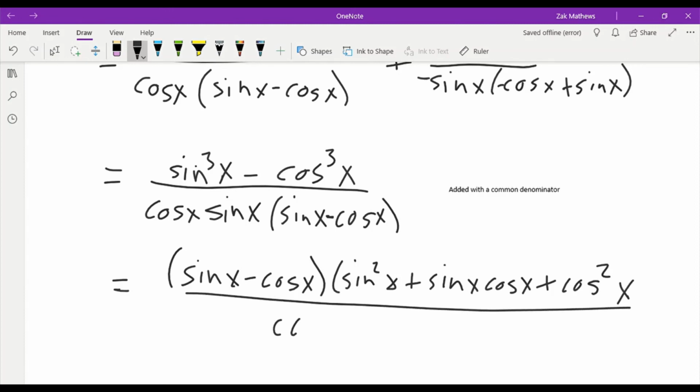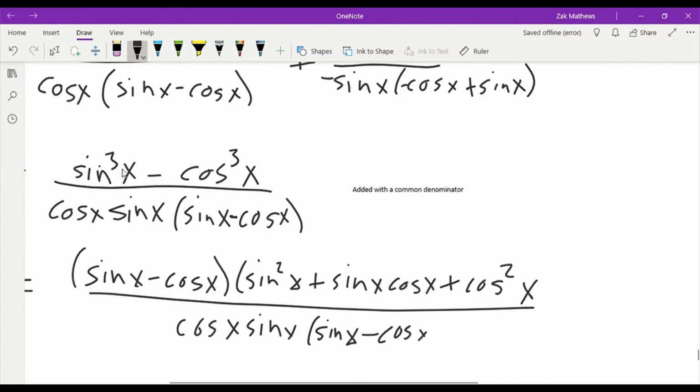So this does require us to remember how to factor perfect cubes. So if you don't remember that, look that up. But this is just using our a cubed minus b cubed equals a minus b, a squared plus ab plus b squared formula. I need to finish my parenthesis there.